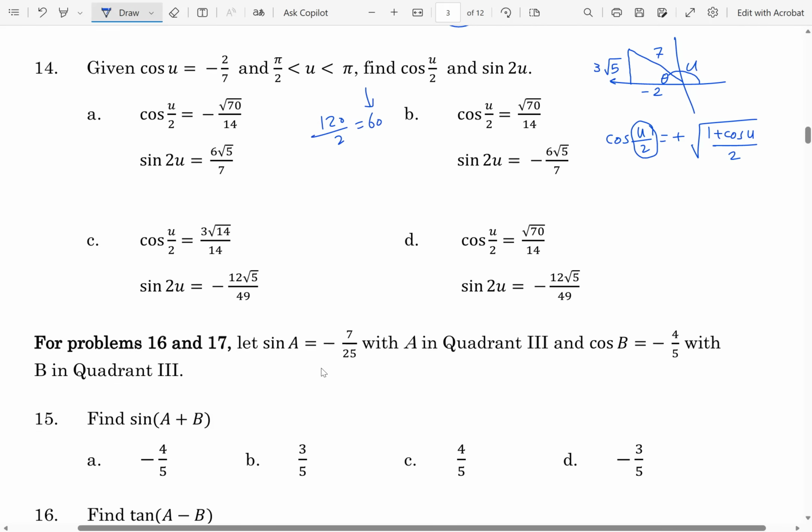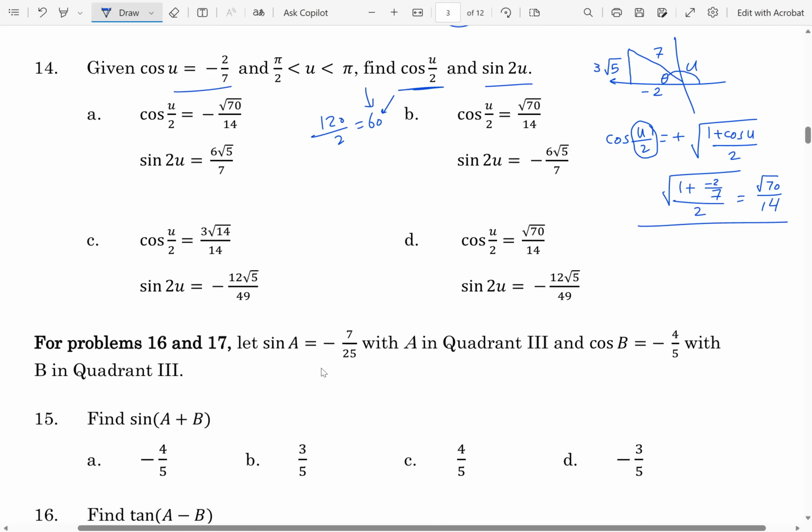And all trigonometric functions for acute angles are positive values. So just apply the formula and calculate: 1 plus cosine u, which is already given here, negative 2 over 7, all divided by 2. Do this by calculator, you will get 5 root 5 over 14, by multiplication it will be root 70 over 14. This is the cosine of u over 2.